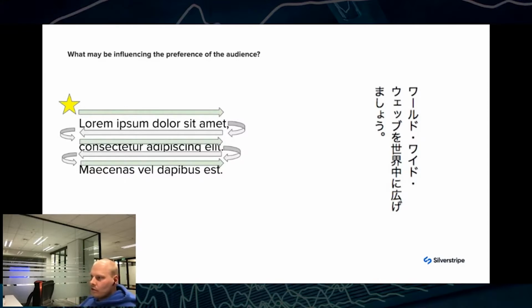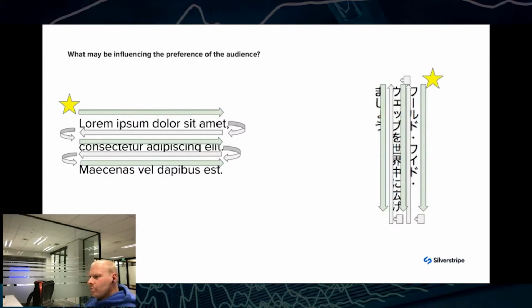That one is a general top-down flow, and within a single line we go left to right, and the star represents the starting point. But for the Japanese language, you would go right to left as a general direction, and within a single line you would go top down, which is quite different. This impacts how people consume information.